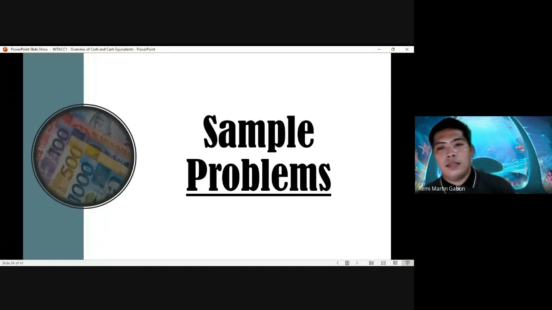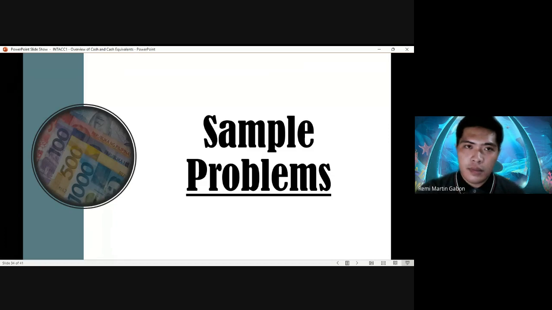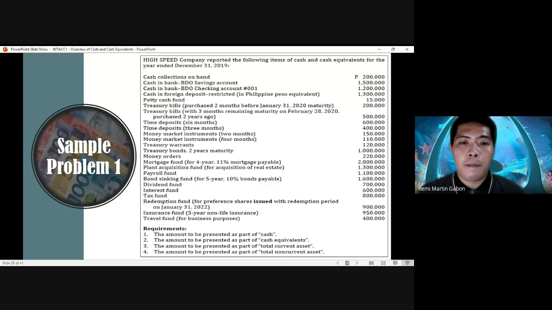Finally, let us proceed with sample problems. Is it visible? Readable pa? Kindly raise hand if readable pa.